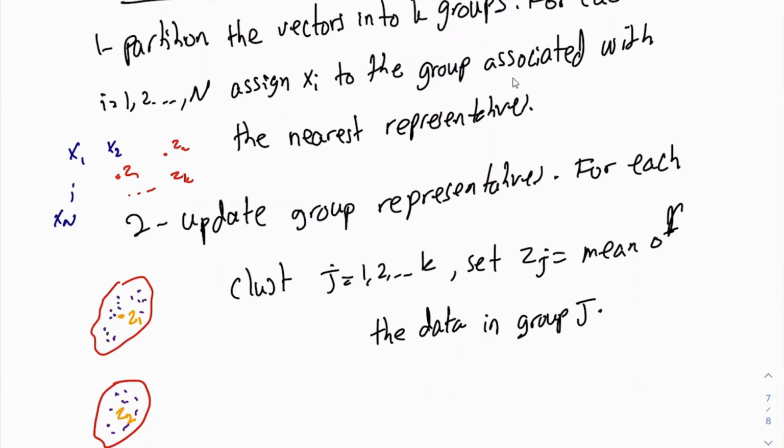Let's say when you calculate this average, the group representative becomes here. This is going to be the new group representative, Z1 new. And you do the same thing for Z2, and you realize that this is going to be here.